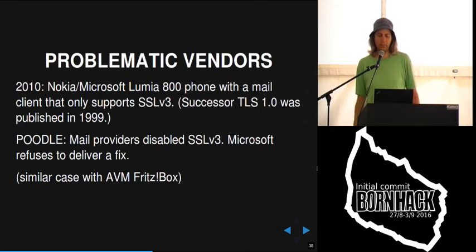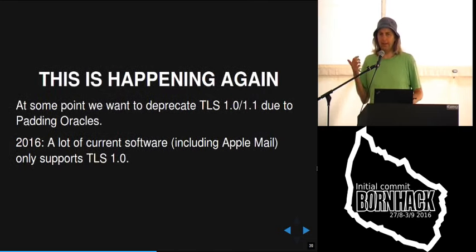The problem here is, why does Microsoft in 2010 publish a product which has a completely outdated TLS stack? And something basically the same happened with Fritzbox devices from AVM, which is mostly used in Germany. The same thing is happening again and again.